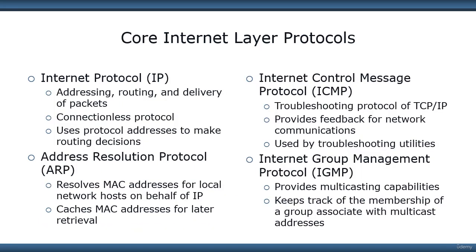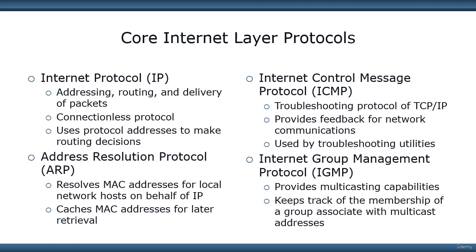So the core protocols, internet protocols, the busiest one, IP, uses IP addresses to determine routing, delivering packets, all of those, and it uses the protocol addresses to do it. But it is a connectionless protocol, so it needs its counterpart on the side there, Internet Control Message Protocol, to provide feedback for network communications.